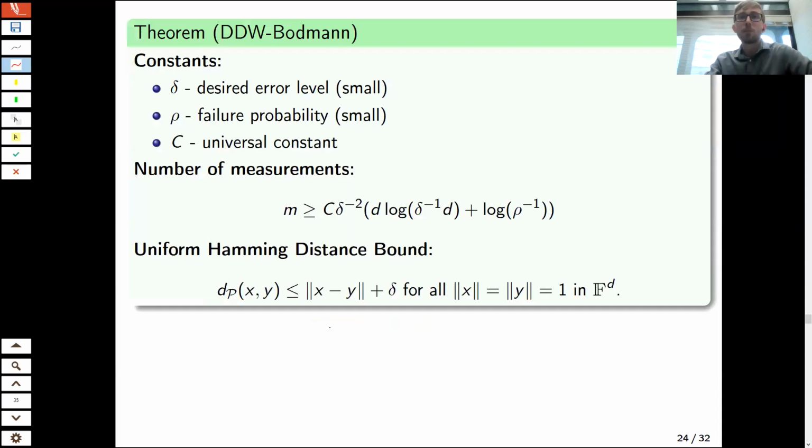So I won't go into the specifics here, but it leads to a nice way you can prove, in the spirit of saying that for any two vectors x and y, the number of 1-bit measurements that are different for them is bounded by the distance between them. And that's uniform, that's true for all pairs of x and y. So that is the key step to extending the pointwise result to uniform.